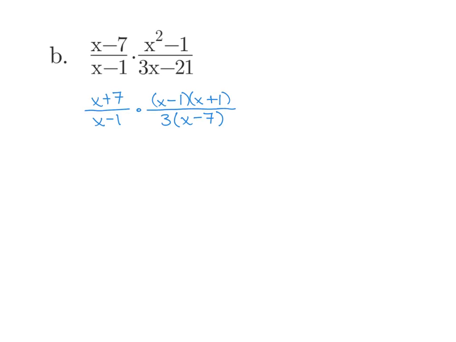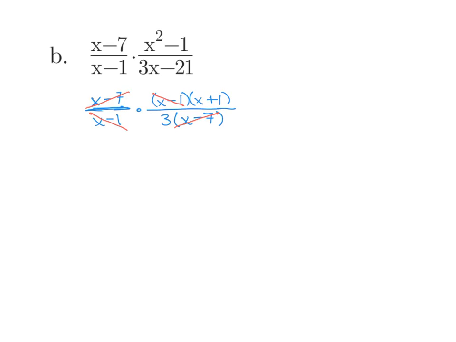And I just realized I made a mistake. This should be x minus 7. Okay, so now what can we cancel? If you copied it correctly, you should be able to go ahead and cancel x minus 7s. And you can cancel x minus 1s.